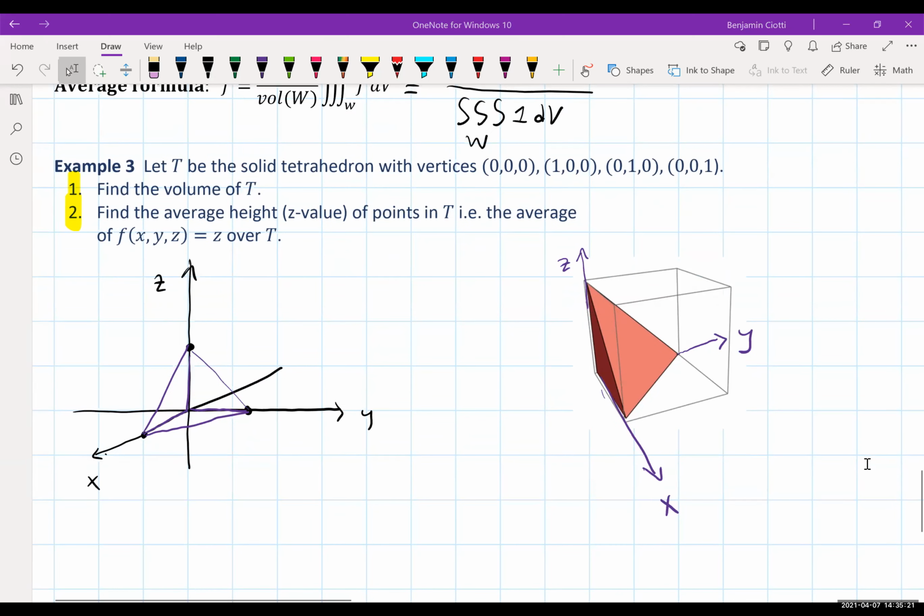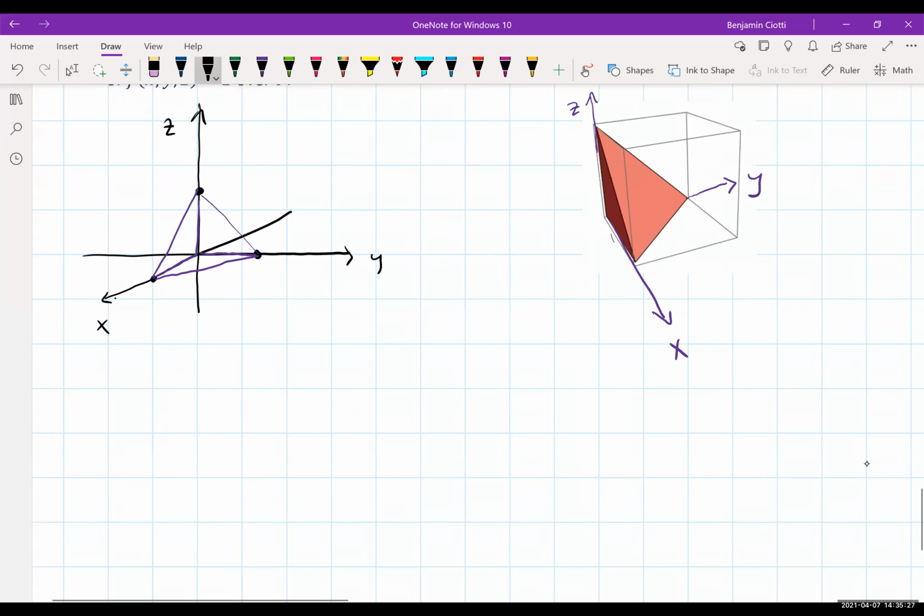I first need the volume because I'm going to need that for the second part of the problem. So for the volume, this is for part 1, I want the integral of the function 1.